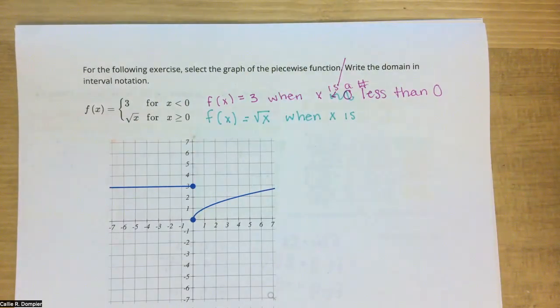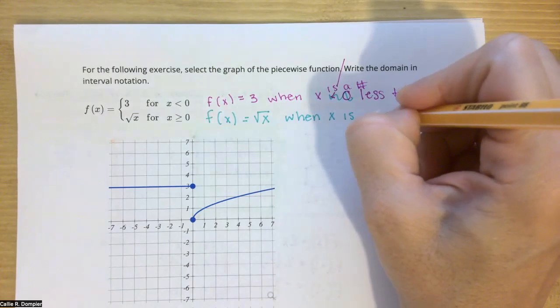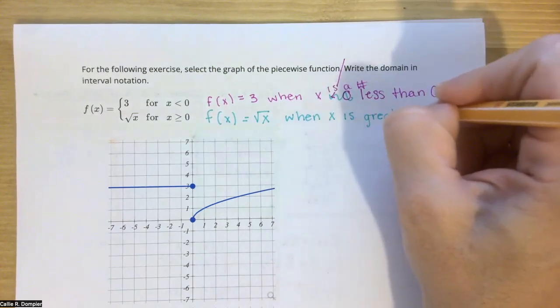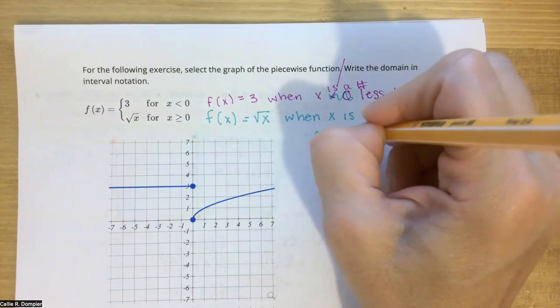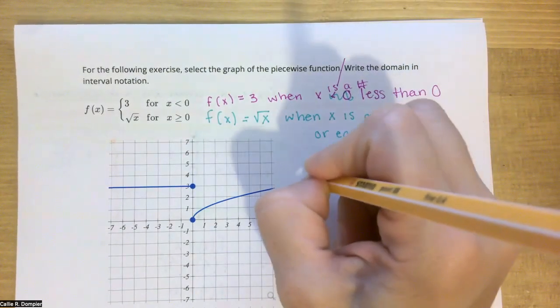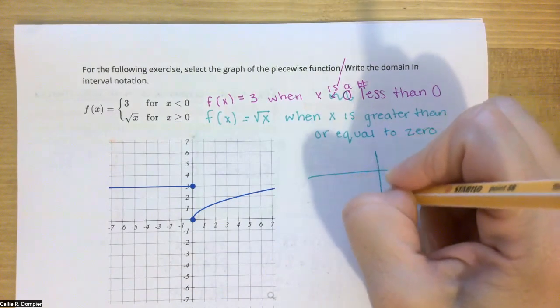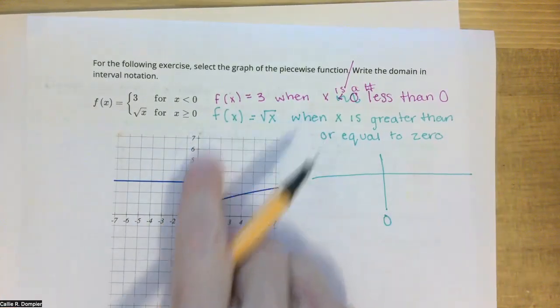Sounds good? F of x equals the square root of x when x is greater than or equal to 0, right? So here's my number line, here's 0. And remember, 0 is the y-axis, right?